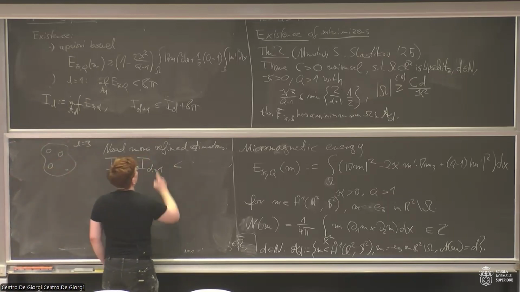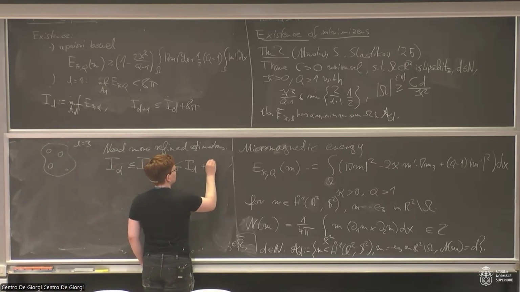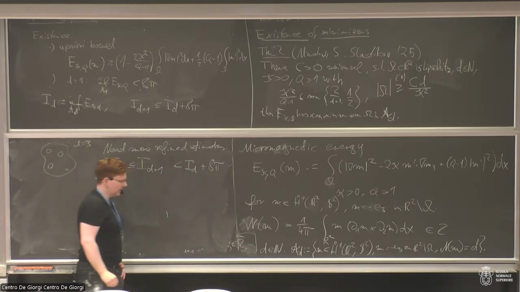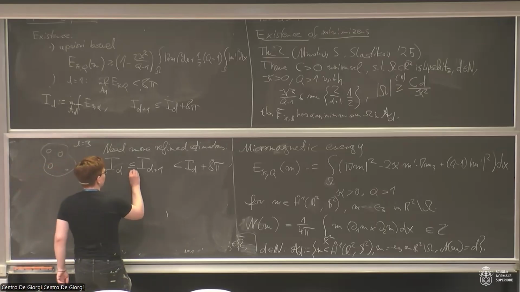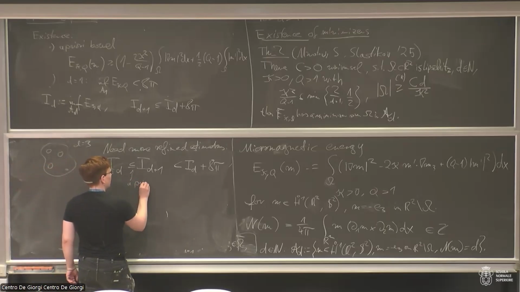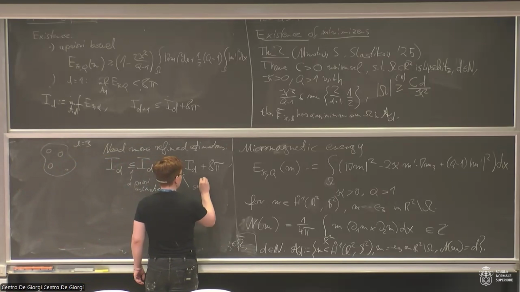But the real kicker is here. You need strict inequality up there. If you add another degree, you increase the energy by strictly less than 8 pi. And now this will tell you that the thing cannot vanish anymore. This follows from the a priori estimate. And this is a surprisingly subtle construction.